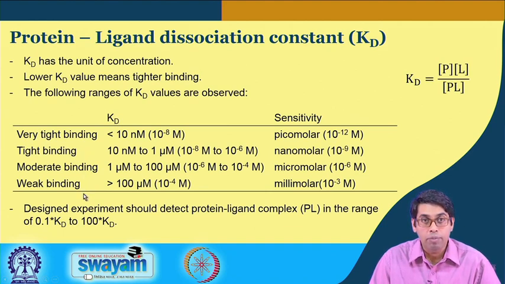And then there are other experiments which are very good for weaker binding or even moderate binding, but they cannot be used for tight binding systems. So, again you have to have some idea about the range in which your protein ligand binding constant will appear, and you have to choose the experiment accordingly.